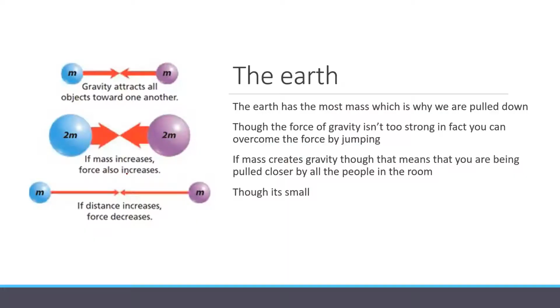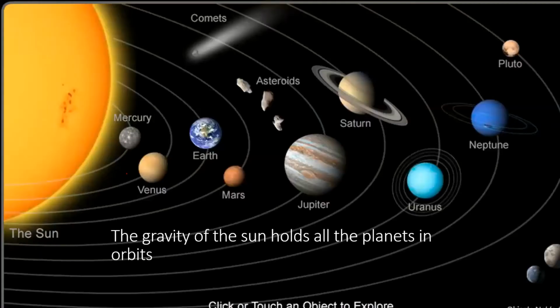Of course, the Earth is not the most massive thing in the solar system. That'd be the Sun. The Sun holds the planets in orbit because of gravity. We all get attracted to the Sun because it is the most massive object in the solar system.